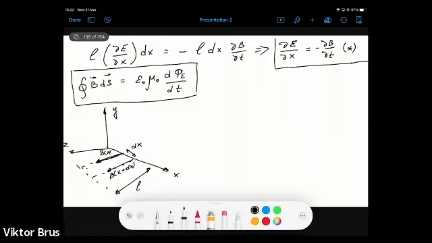Again, assuming that dx is much smaller than the wavelength of the electromagnetic wave, we can assume a constant electric field vector E. In the same manner, we define the value of the magnetic field vector at x plus dx in comparison to B at the position x, as we did for the electric field vector, and integrate in the counterclockwise direction while looking from the top on this plane zx. So this will be like this.